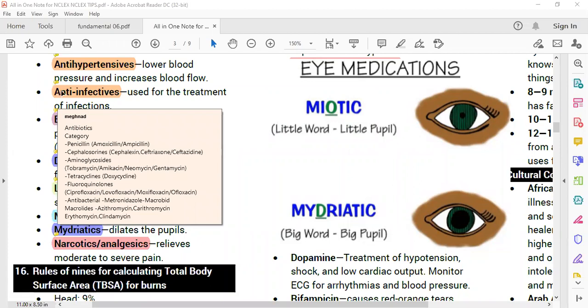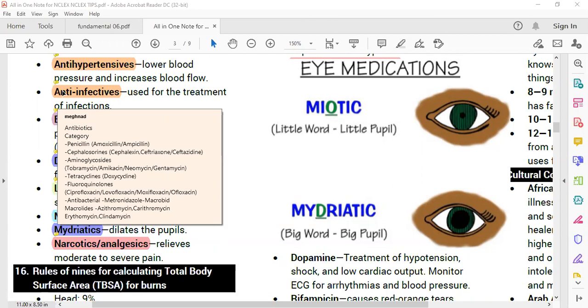Anti-infectives, right? Anti-infectives are used for treatment of infection. The most common anti-infectives are antibiotics. The categories of antibiotics are penicillin, examples being amoxicillin, ampicillin, or penicillin itself.